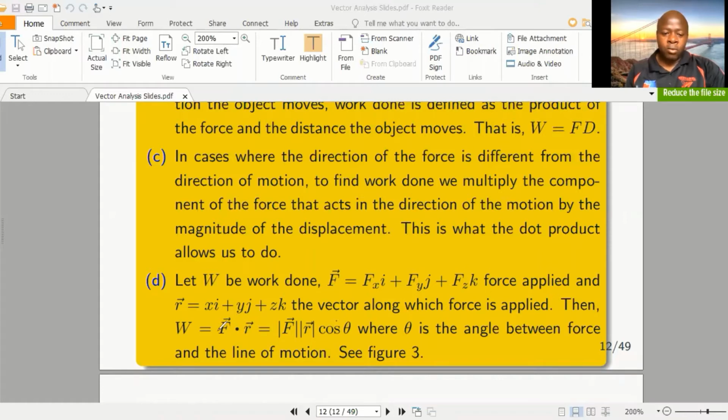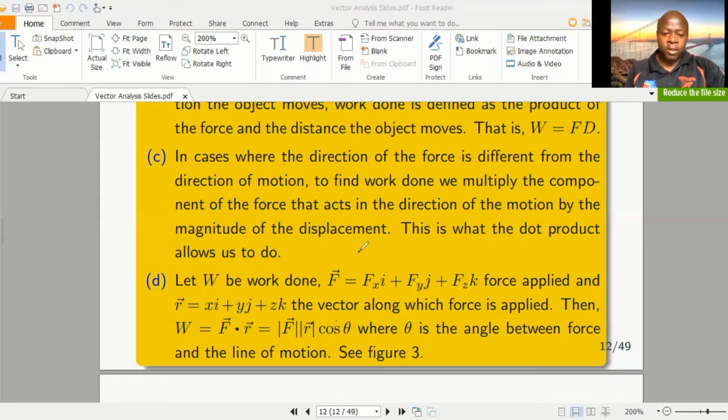And we know how the dot product is defined: it is the magnitude of force times the magnitude of r times cos theta, where theta is the angle between force and the line of motion.